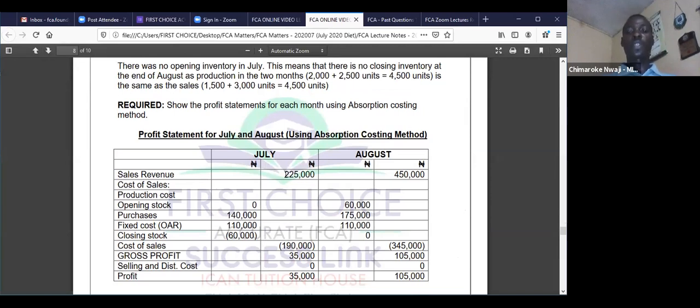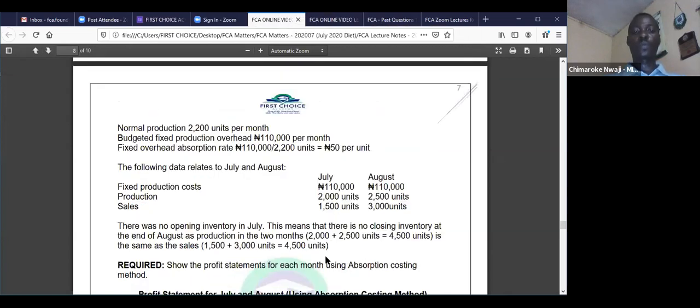You understand how we got our 225 revenue: quantity multiplied by the selling price per unit. Now, our opening stock for July, you remember we have no opening stock, 0. Our purchases is 140, the same 140 that we used before.